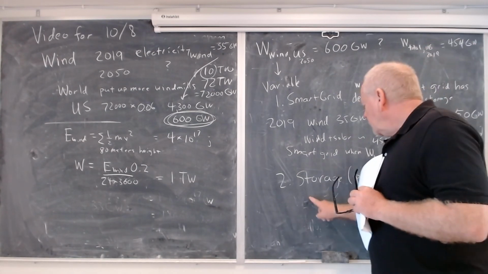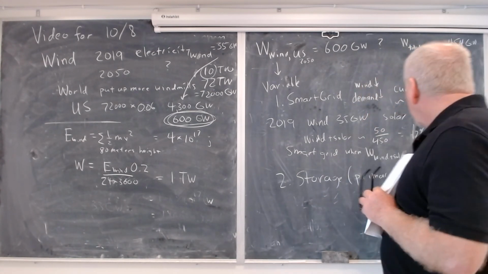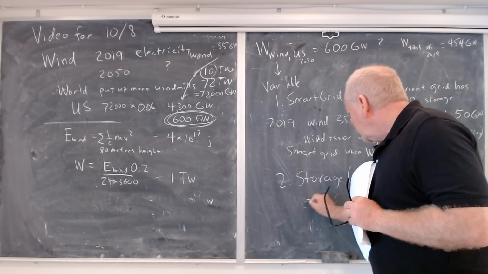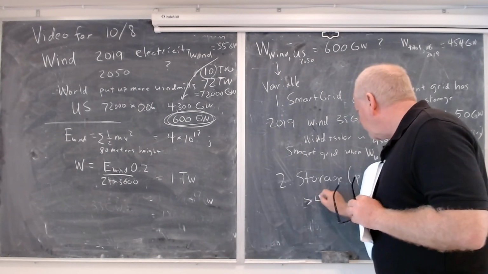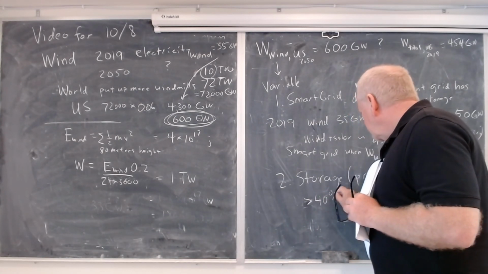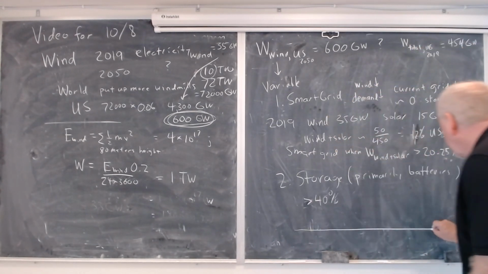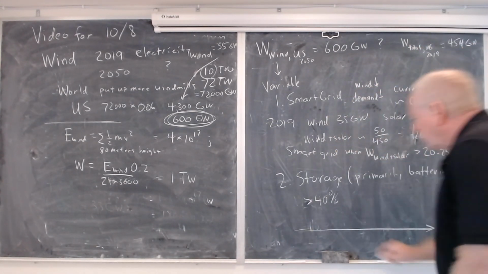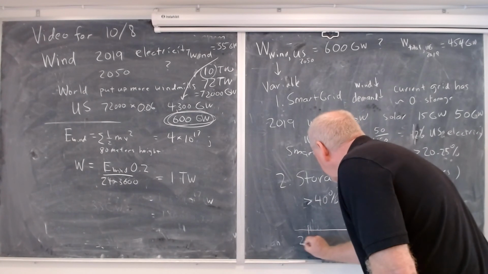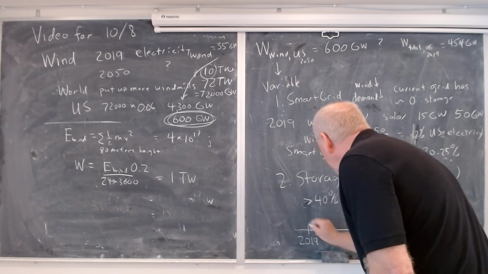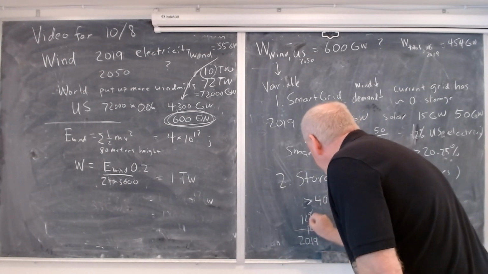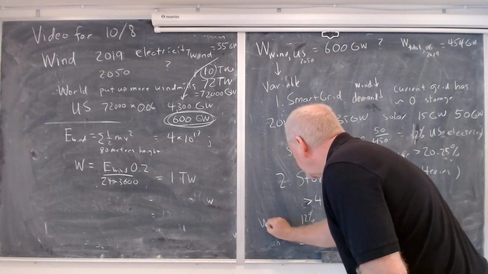Now, this probably would have to occur certainly above 40%. So if you look at the timeline here, okay, in the year 2019, 12% wind plus solar.